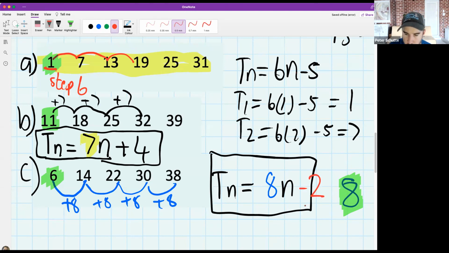Now, whenever you see a number pattern where it's going up by a step size, a constant amount, you're always going to have 3 parts to building a formula. Write down the letters T, n, and n, then put the step size in, and then put this balancing factor over there. Once you've done those 3 parts, you've built a formula.